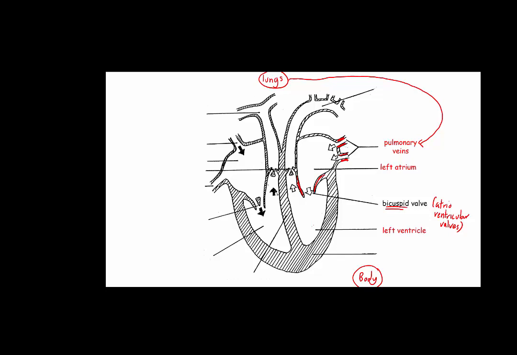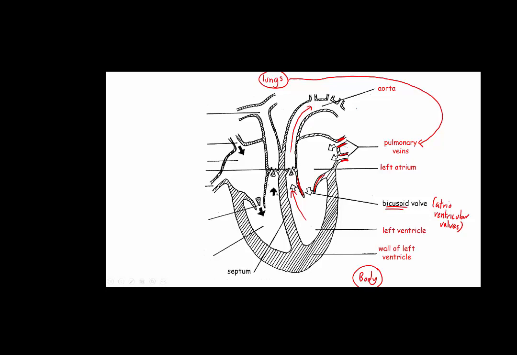And it basically means as well that when the left ventricle contracts, it stops blood flowing backwards. So the blood's come back in the pulmonary veins, it's going into the left atrium. The left atrium contracts and pushes blood through the bicuspid valve into the left ventricle. The left ventricle then contracts and pushes blood upwards and out through the aorta.